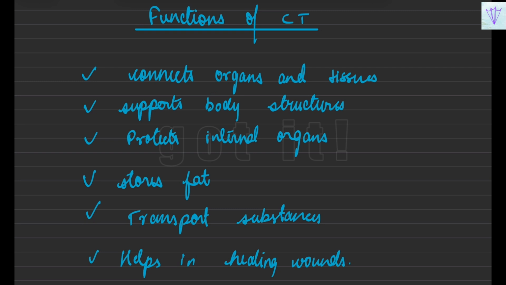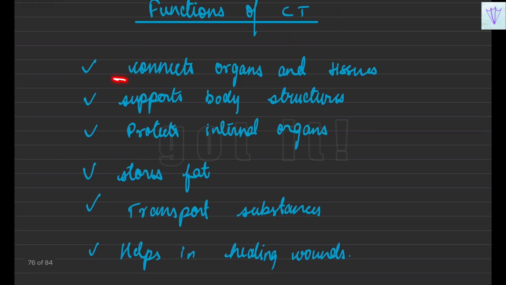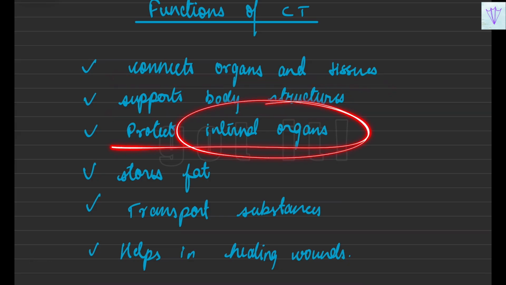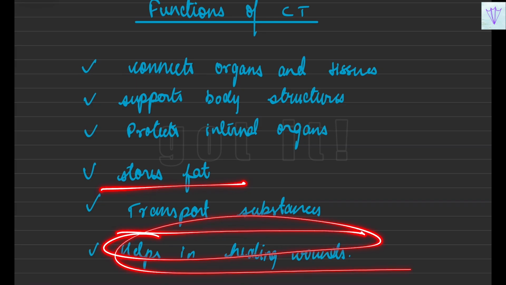You'll remember all this in a flow when you learn the classification of connective tissues. For now, remember that it connects organs and tissues, supports body structures, protects internal organs, stores fat, transports substances, and helps in healing wounds.